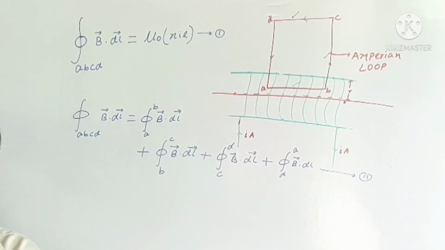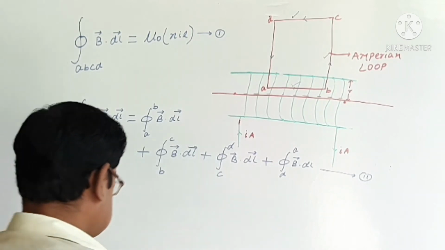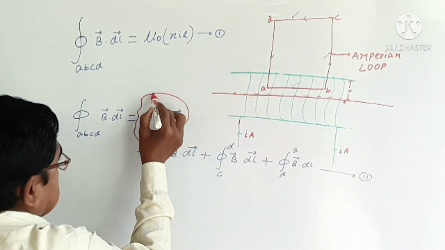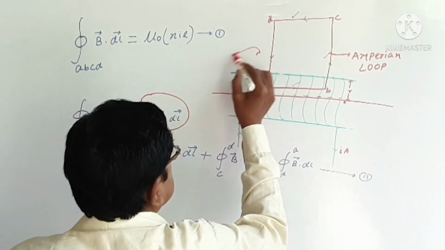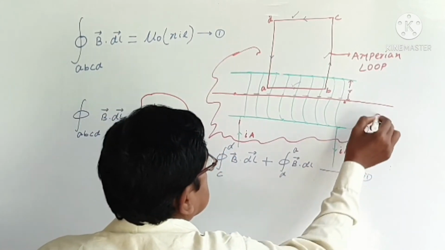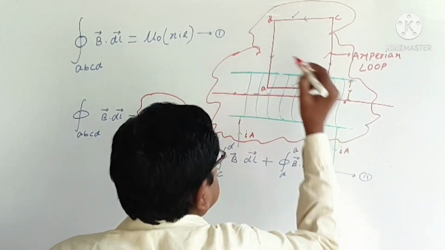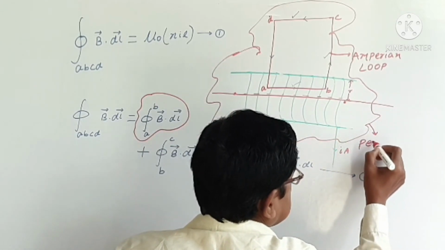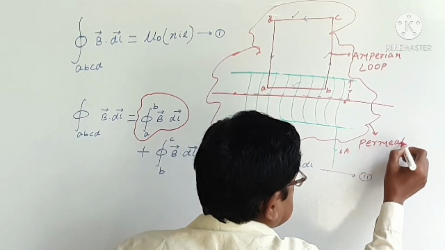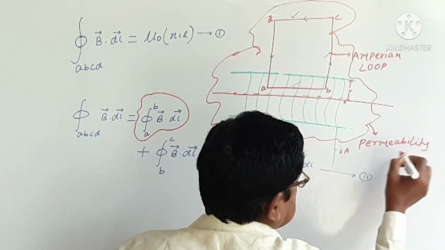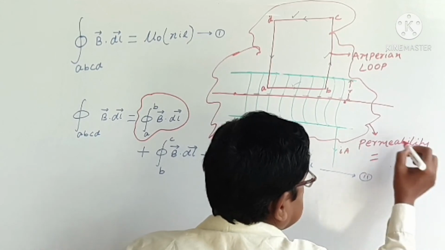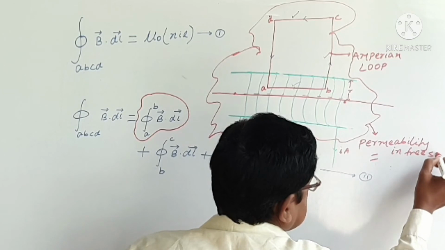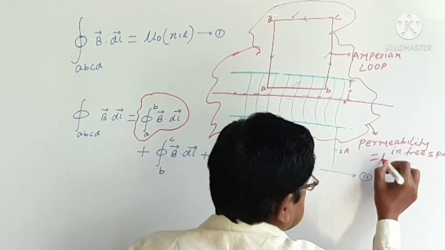Now, for this part, we consider the permeability in free space, which is equal to mu naught.